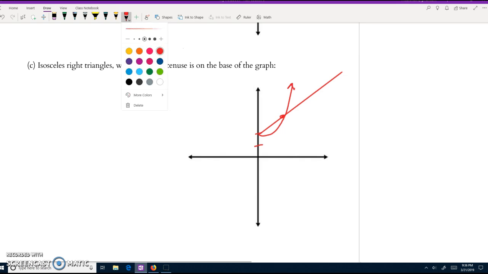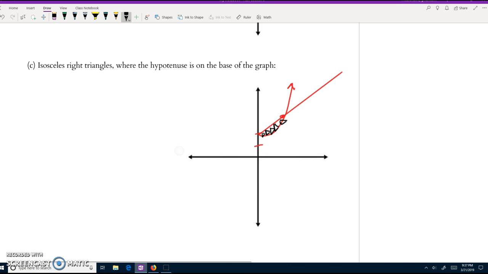So in this case, if we're trying to sketch in the shape, the hypotenuse is right along the graph that we're working with. But then we have this right triangle that's coming up off of the graph, and that's going to give it that 3-dimensional structure. So the hypotenuse is the side that's along the graph, and the 2 shorter sides are the ones that are coming off in a 3-dimensional structural setup.